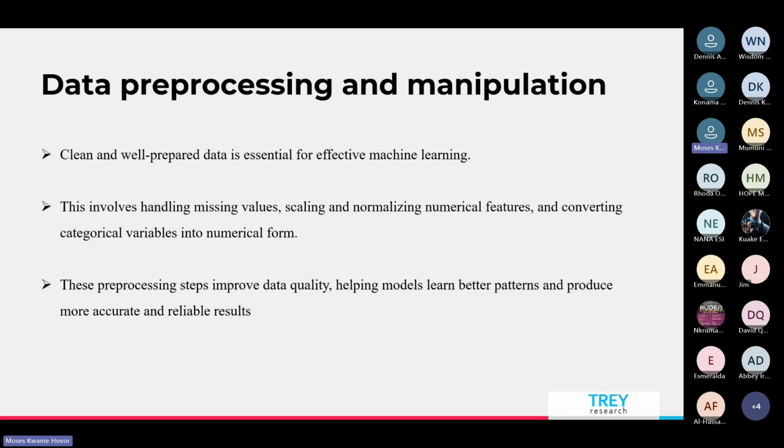EDA simply means you have to explore the data, that's exploratory data analysis. You have to know the mean, the variance of the data, its distribution, and all that. When it comes to machine learning, too, we have a similar procedure that we have to go through.